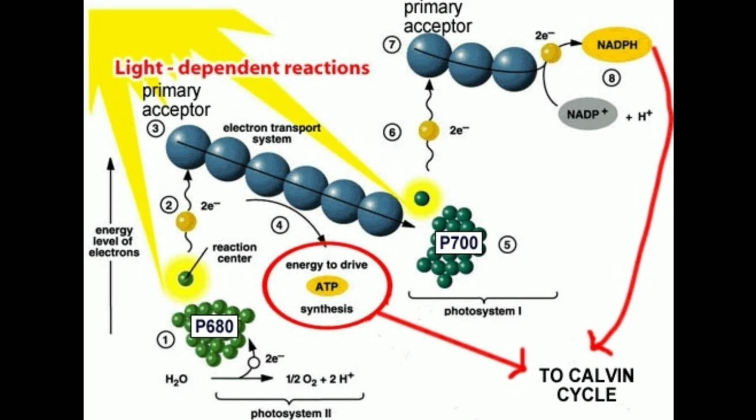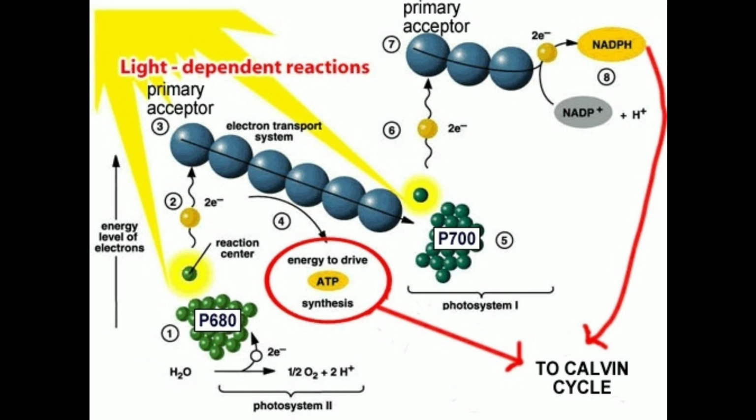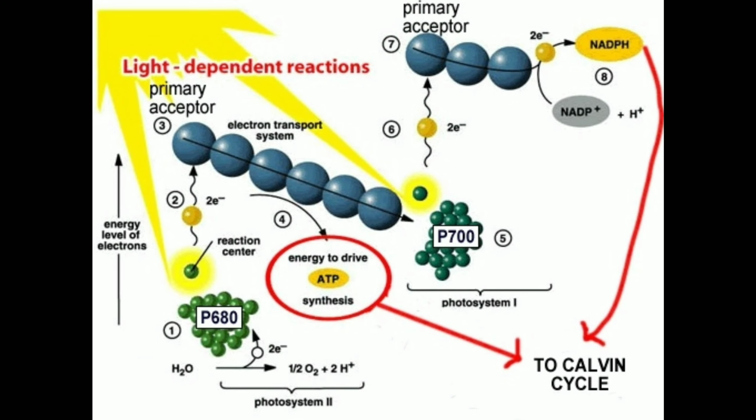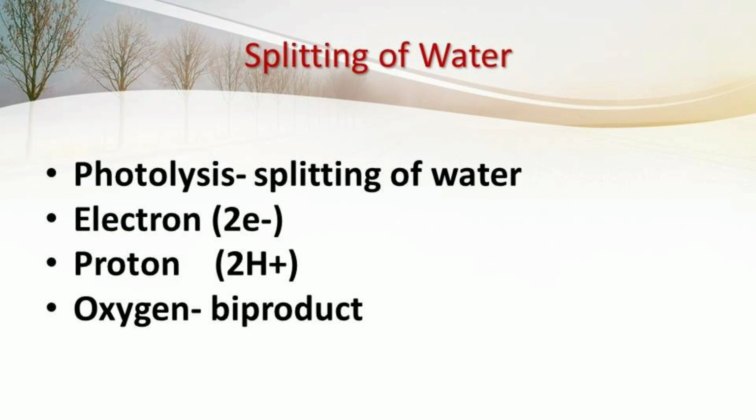So this pair of electrons must be replaced. This pair of electrons is replaced by photolysis of water. Splitting of water takes place in the lumen, where there is a complex for the splitting of water on the inner membrane.